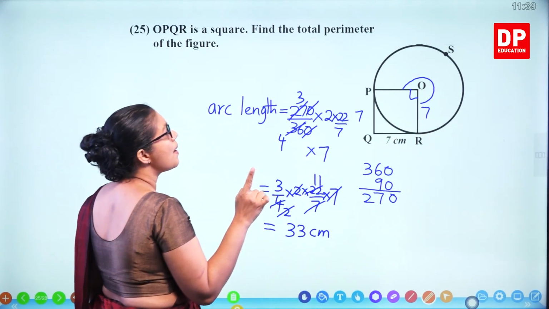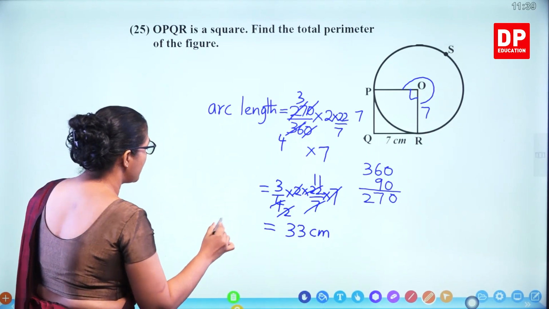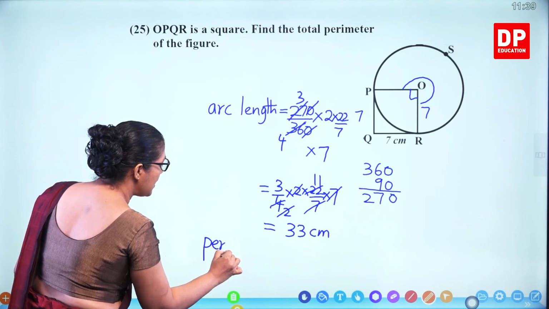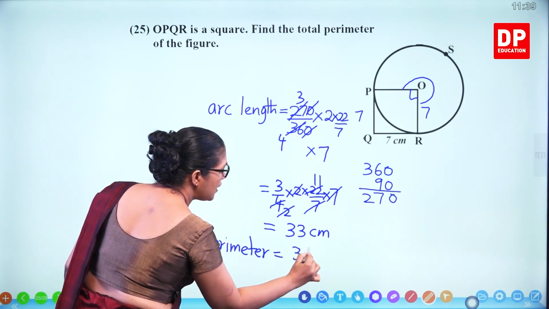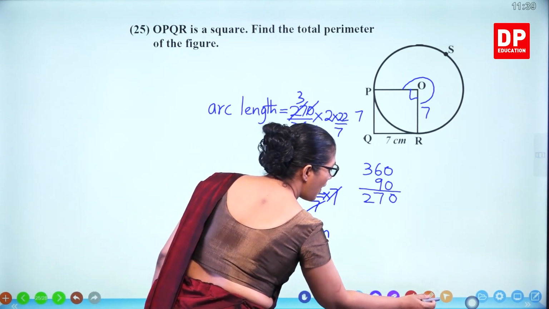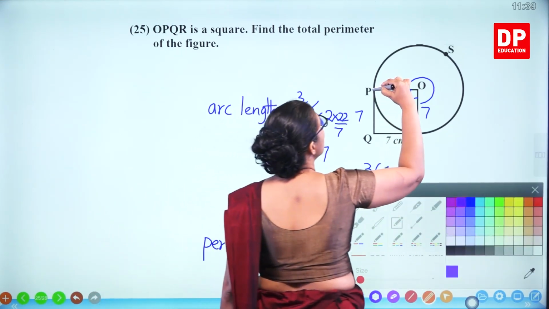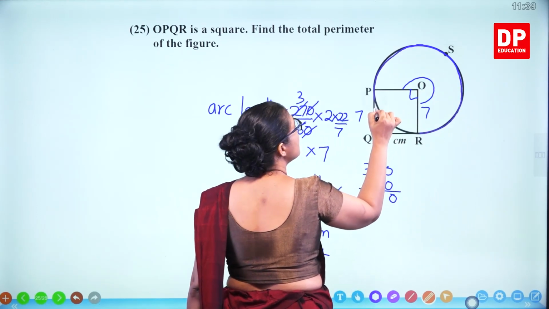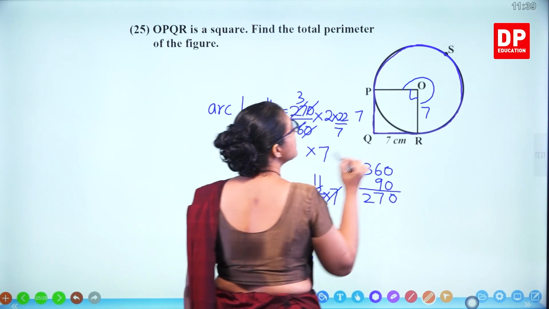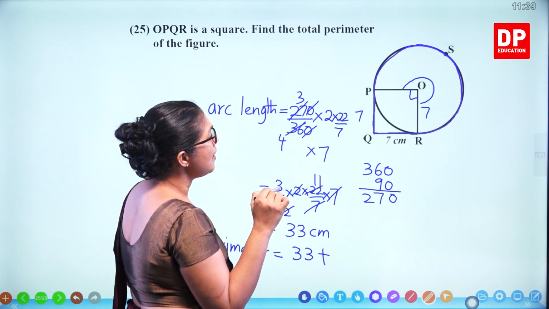So what's the perimeter of the figure? Perimeter means outer length. So 33 you need to add, this part 33. Then this is 7 and this is 7. That's the perimeter.